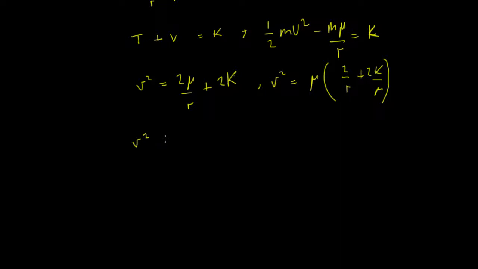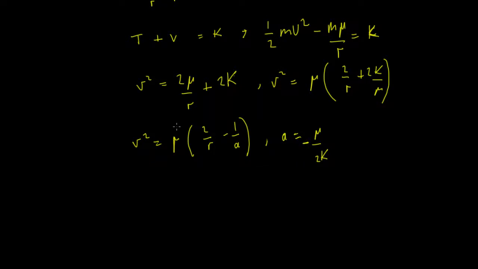So v squared equals mu times 2 upon r minus 1 upon a, where a equals minus mu upon 2K.